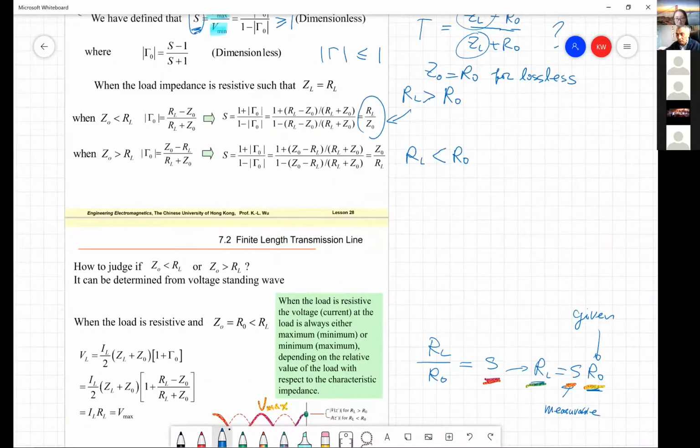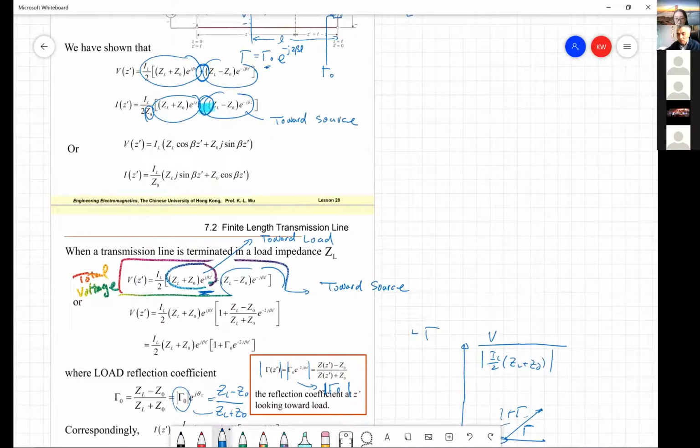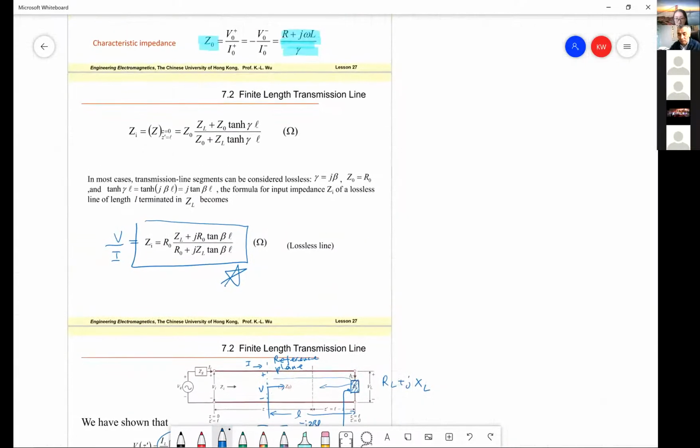Go back to the important formula I asked you to remember. In this case, this L is minimum, so this becomes the impedance at the voltage minimum.